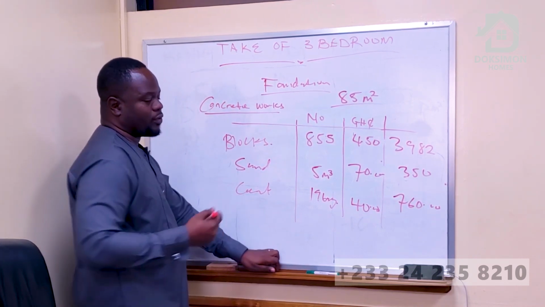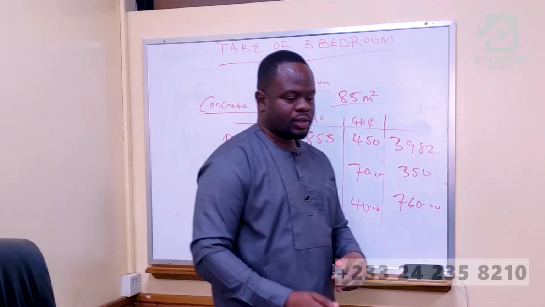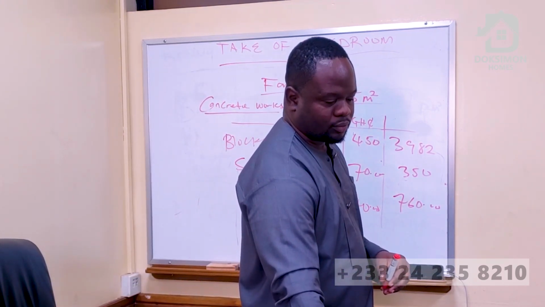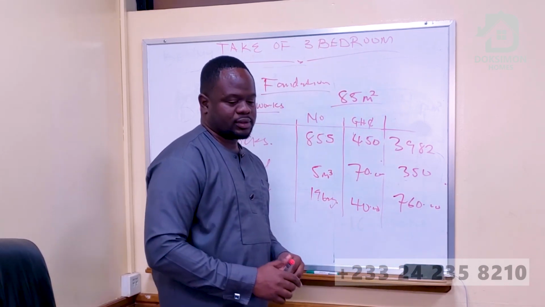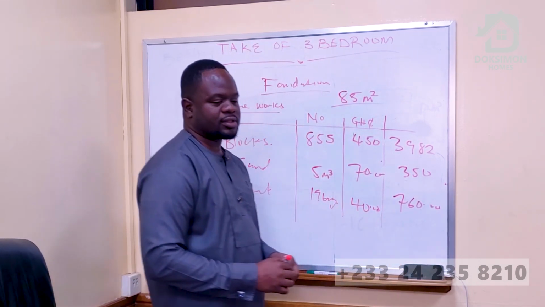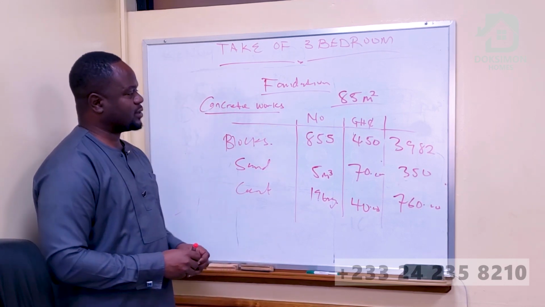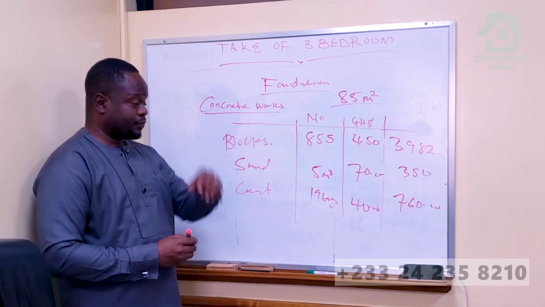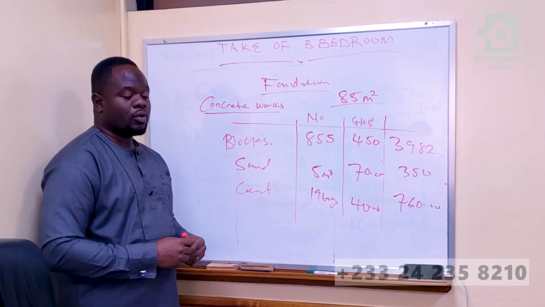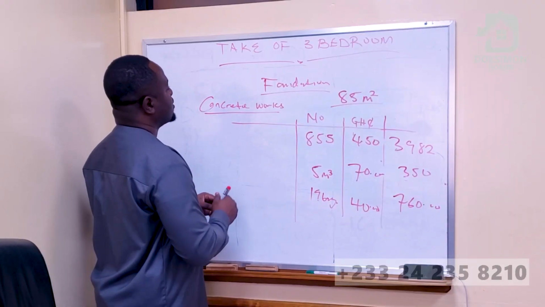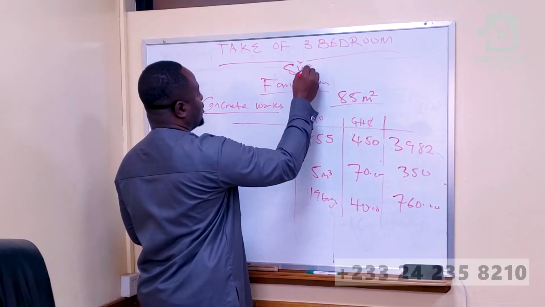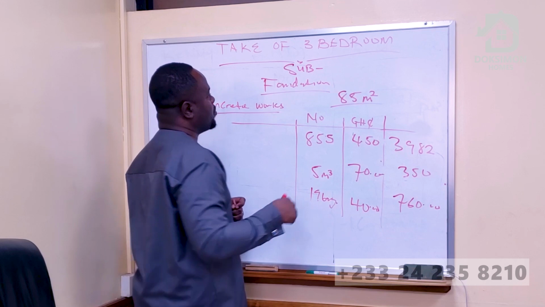We need to move on now to the reinforcements. When we say reinforcements, we are looking at the metals or the iron rods that go into the foundation, and these are the substructure, which is everything beneath the earth.